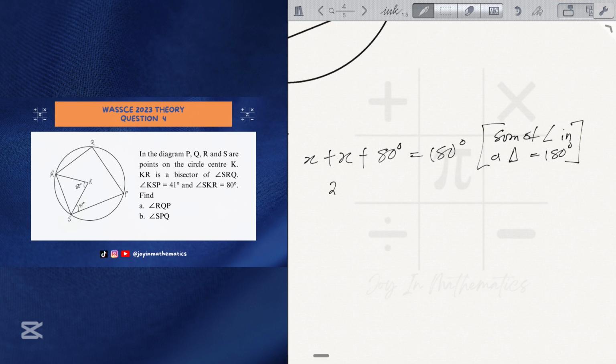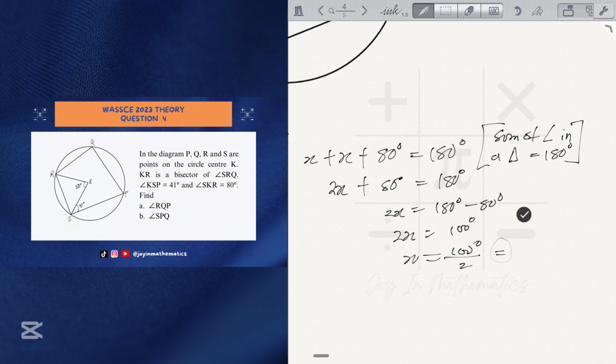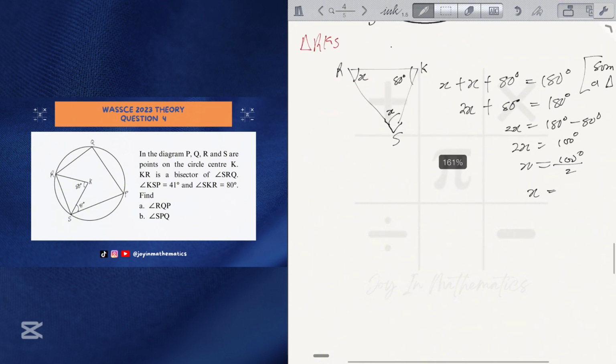So we have 2x plus 80 degrees equals 180 degrees, and 2x equals 180 degrees minus 80 degrees, so 2x equals 100. Dividing both sides by 2, x equals 100 degrees divided by 2, so x is equal to 50 degrees.